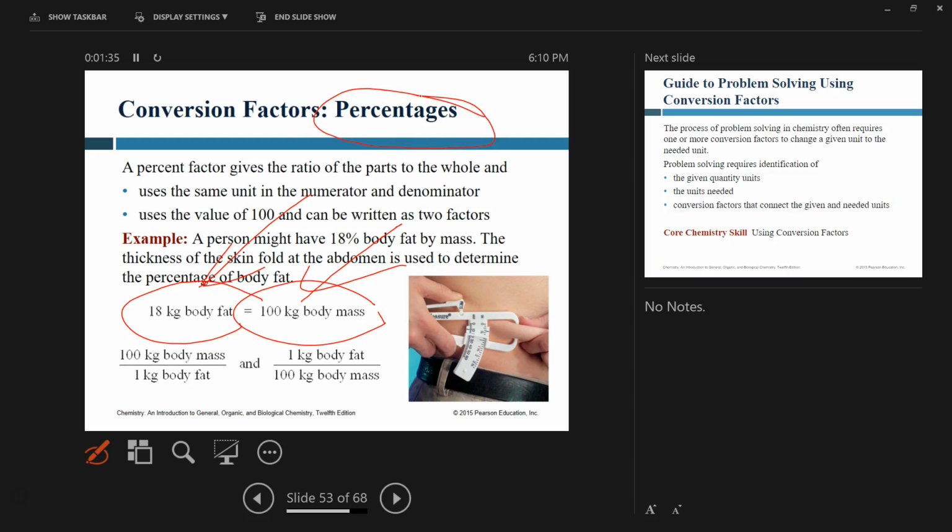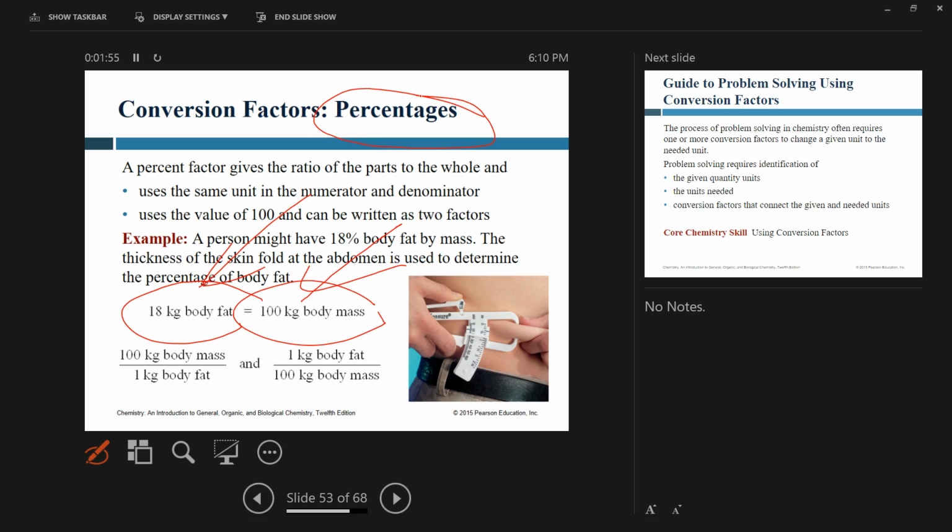And vice versa, you have to be able to calculate units based on the percentage conversion factor. Okay? So for instance, if I tell you that the percentage of fat in milk is 3%, then my question would be, how much fat is in 100 grams of milk?